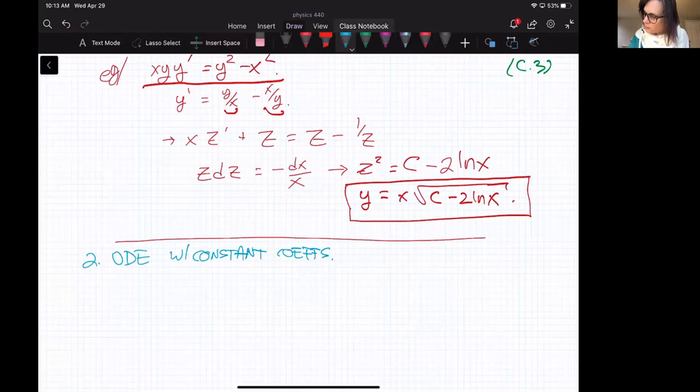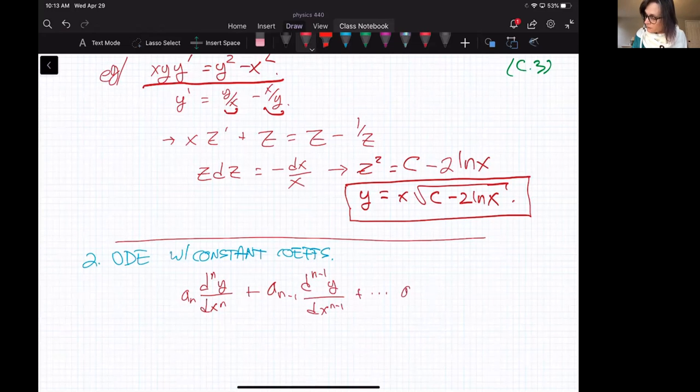The way that you would think about this is, for example, the nth derivative of y with respect to x plus a sub n minus 1 times the n minus 1 derivative with respect to x of y, plus on down the line to dy dx plus a naught times y, where all of these are constants, and this in general can be equal to a function f of x.